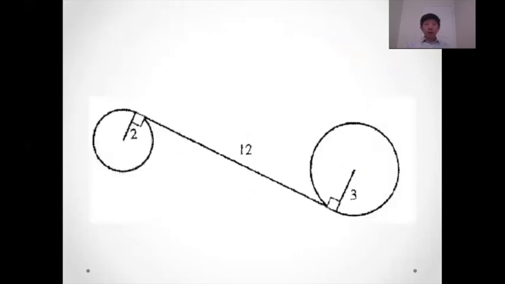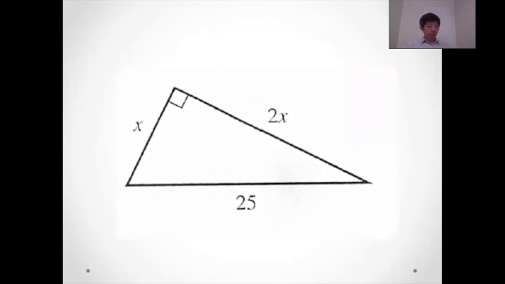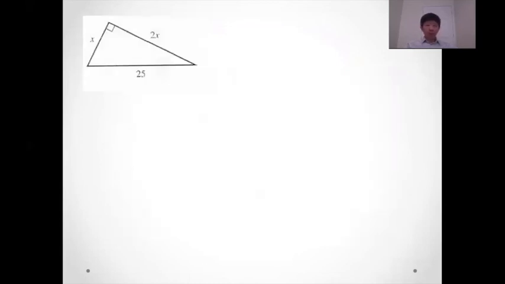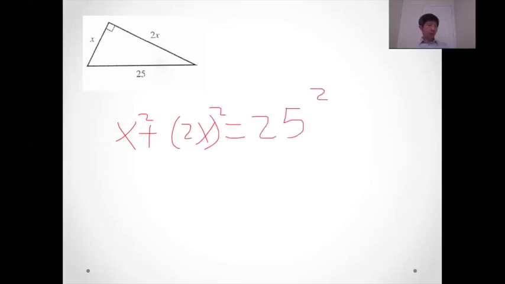Next, I want to take a look at this problem. How do we find x, with 2x and 25? We're going to use the Pythagorean theorem to solve this problem. So a square plus b square equals 25 squared.